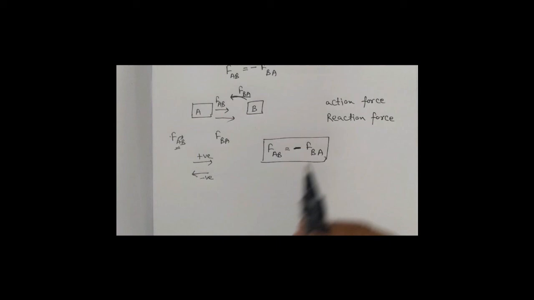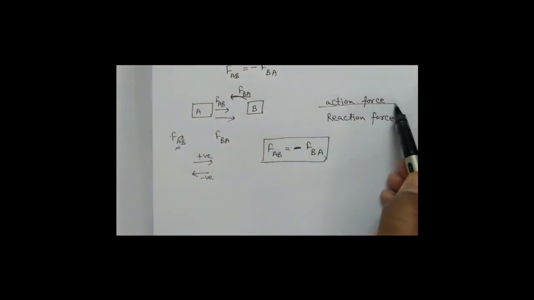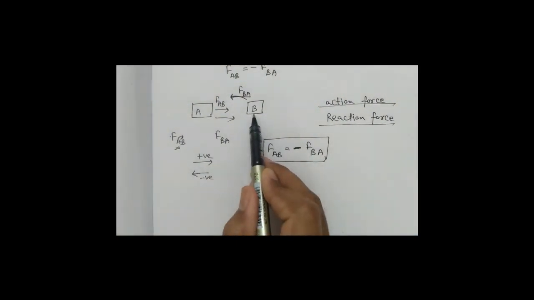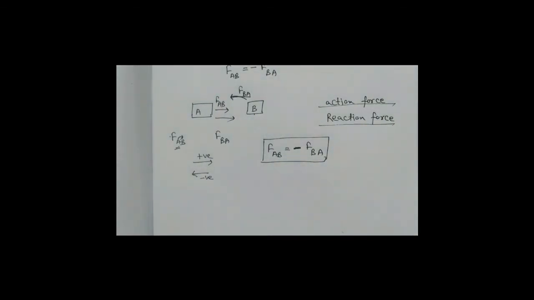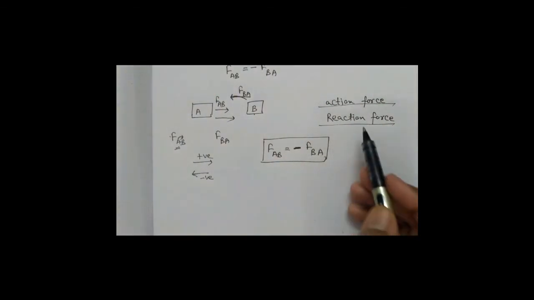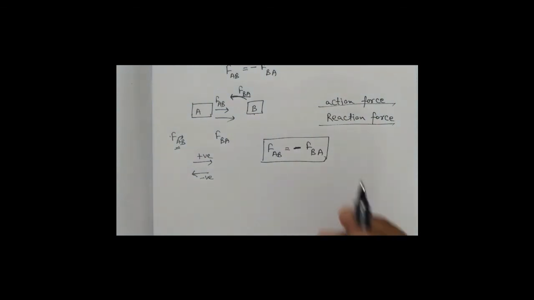Now tell me, this action force is exerted by this body, and this reaction force is exerted by B, isn't it? So action force and reaction force are exerted by two different bodies.